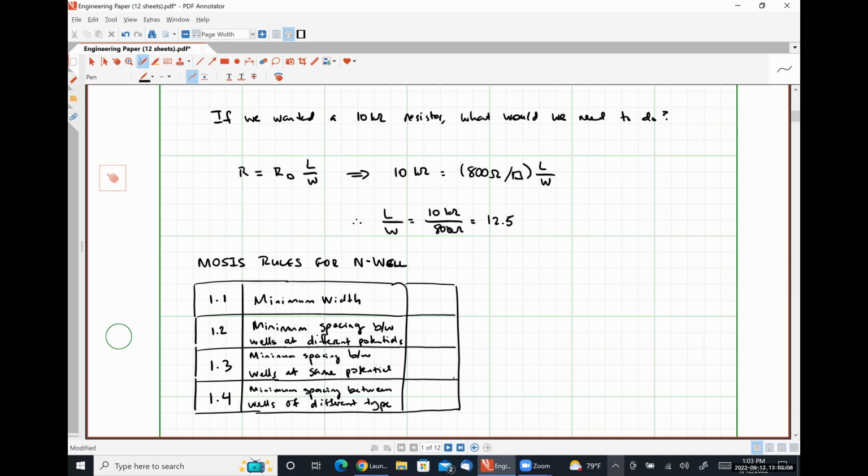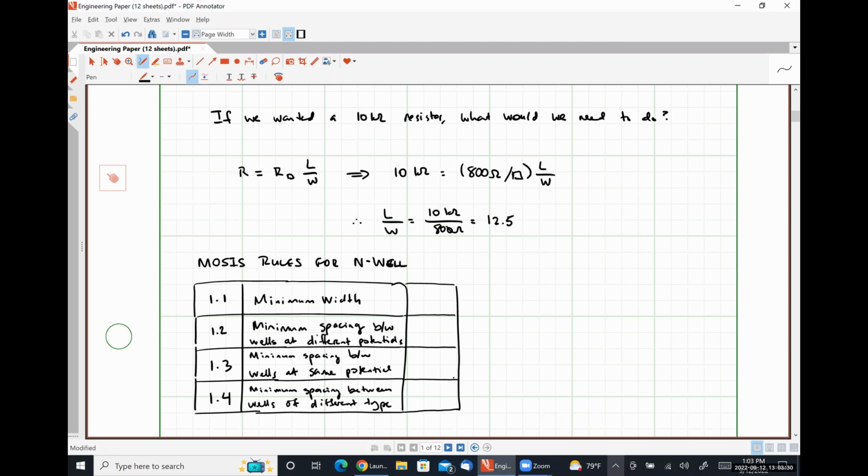So SCMOS is literally scalable CMOS. And then sub M is for submicron. So this would have been like the TSMC 180 nanometer. And then there are rules for deep submicron, which are like more modern processes. So like 22 nanometer Intel type processes.